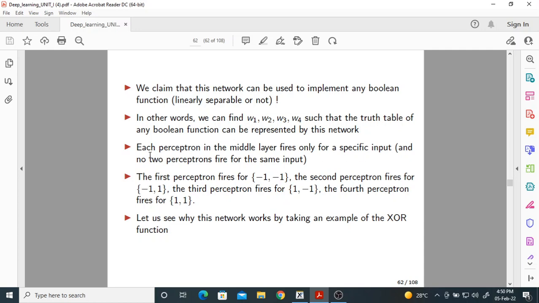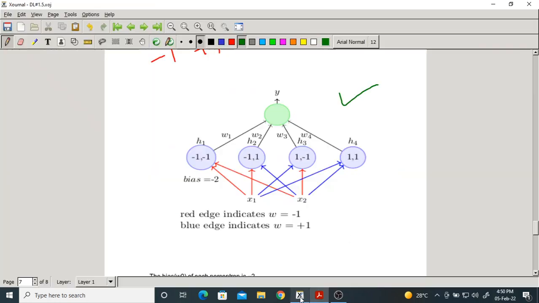Each perceptron in the middle layer fires only for a specific input. This is very, very important. In this middle layer, we have 4 perceptrons. Each will fire for a specific input, not for all inputs. Now, the first perceptron will fire for -1, -1, with 2 red lines.